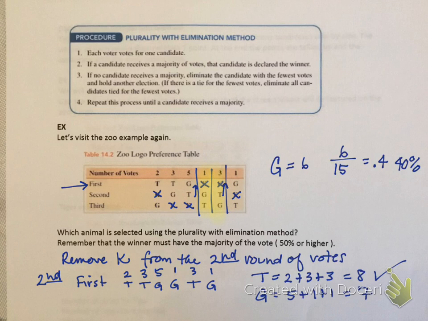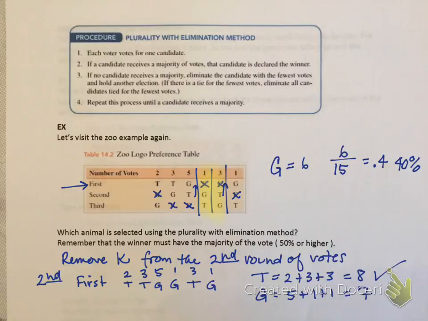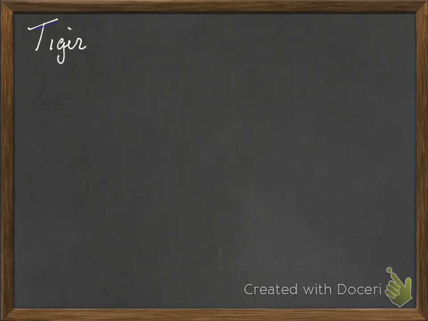So the next thing you have to check, though, is do they have the majority of the vote? Remember, we're looking at tiger, and they had 8 of the 15 votes. So we have to divide 8 by 15.